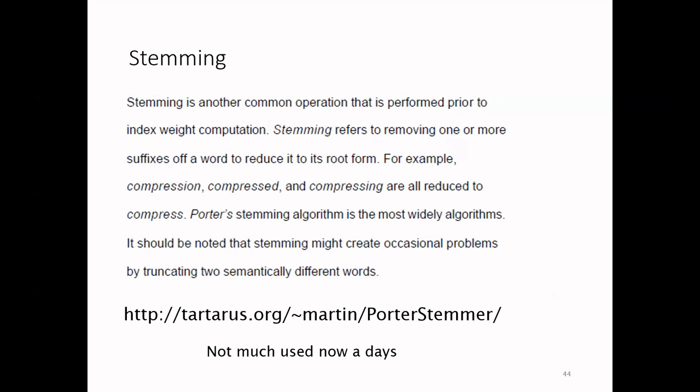Except that the tense is different, but otherwise they are conveying the same concept. So what one can do is apply some kind of stemming algorithm to reduce these words to their common root, and then use the root word as the indexing term.